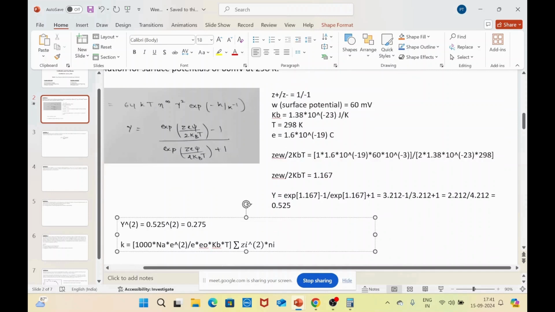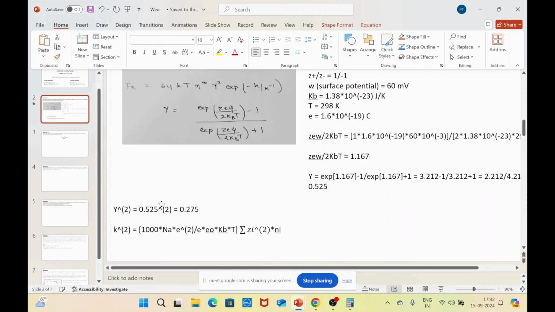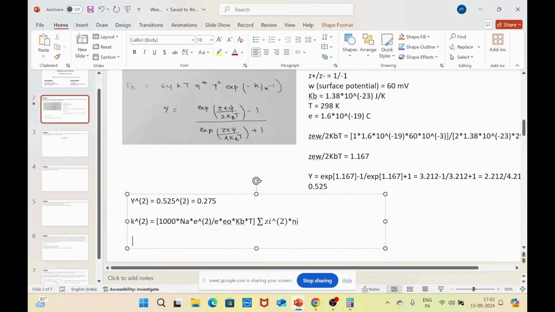So for that we need to multiply by 1000 times Na. Let's first calculate the factor inside this sigma sign, and this is nothing but kappa square, not kappa. Have you calculated kappa or kappa inverse?